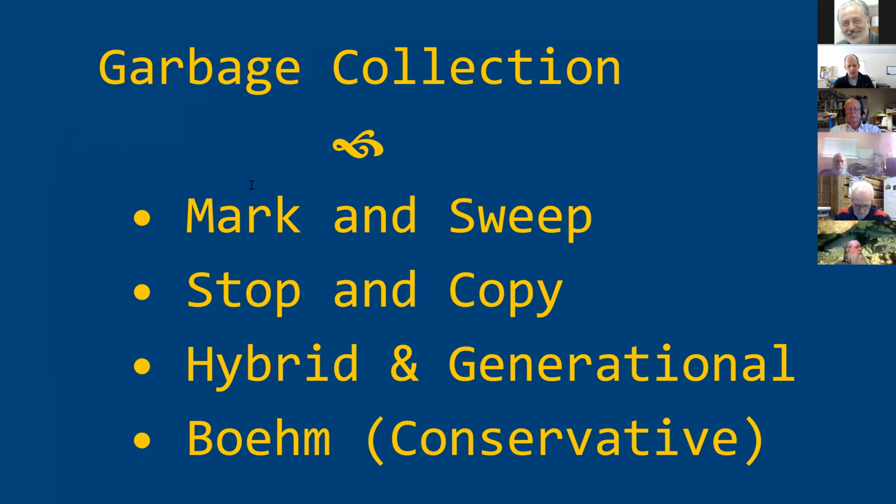The idea is that you make a conservative assumption that if it looks like it might be a reference, you assume that it is. And this opens up the possibility of doing a collector for a language that isn't type safe. For example, you can do garbage collection on top of that.